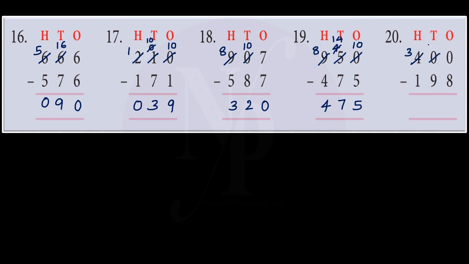Now this becomes 10 tens, and again we regroup this 10 tens as 9 tens and 1 ten, and 1 ten is borrowed to ones column, and 1 ten is equal to 10 ones. So on subtracting 8 ones from 10 ones you get 2 ones, and subtracting 9 tens from 9 tens you get 0. Subtracting 100 from 300s you get 200s. Therefore 202 is the difference of 400 and 198.